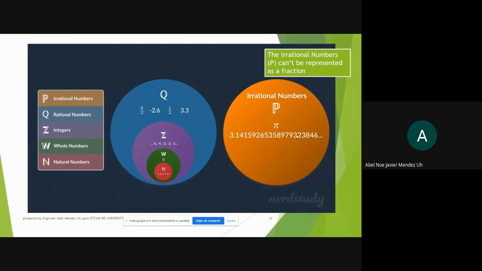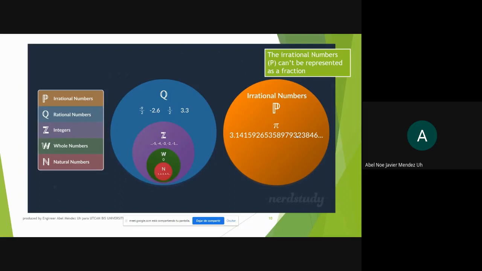Now here in this universe of real numbers we have two big groups: the rational numbers, denoted by capital Q, and the irrational numbers, denoted by capital P, okay? Irrational numbers, capital P.